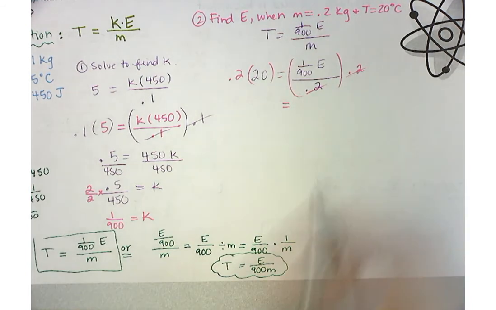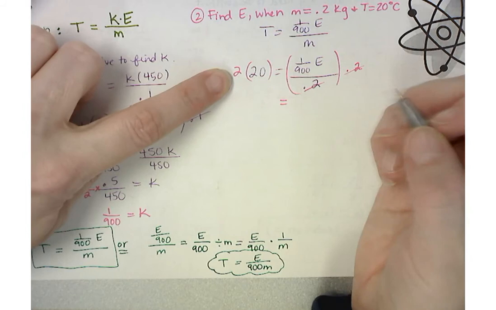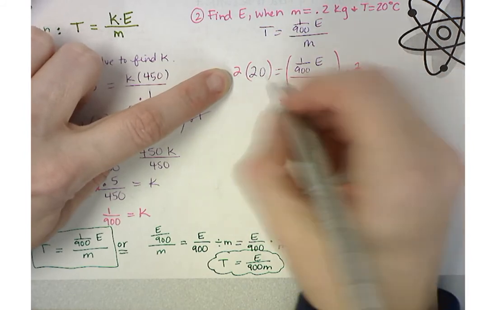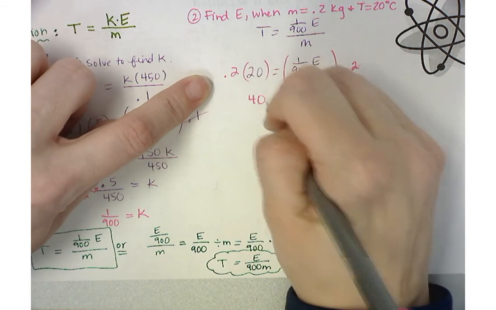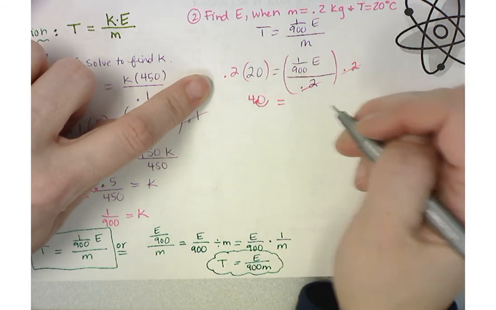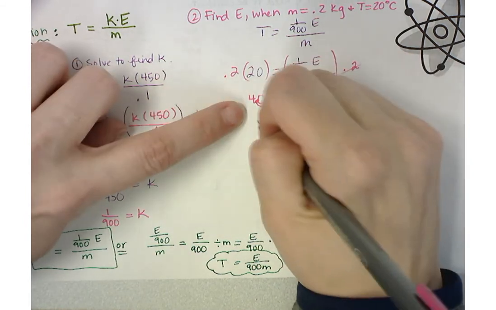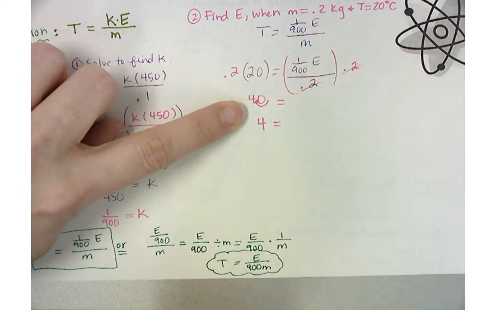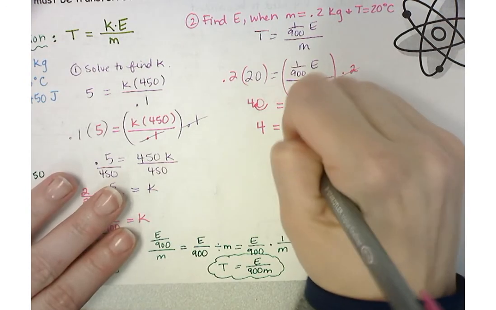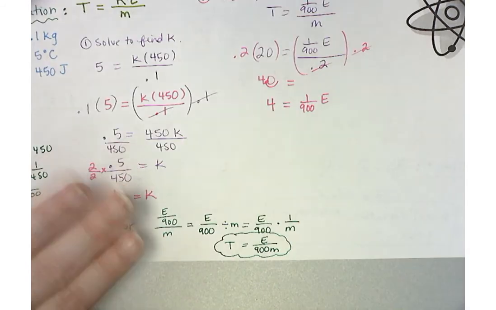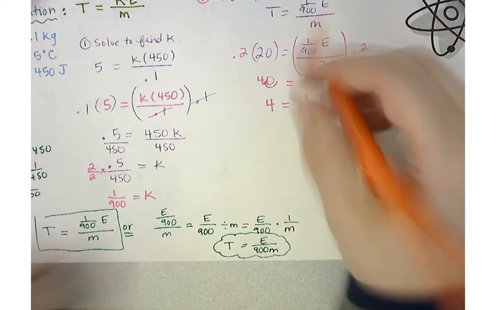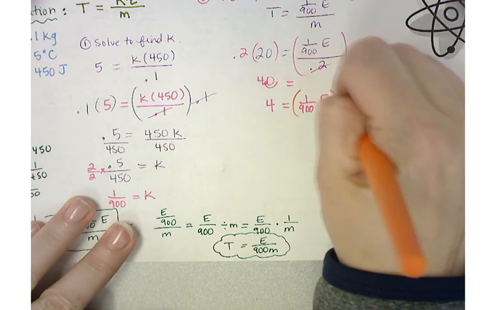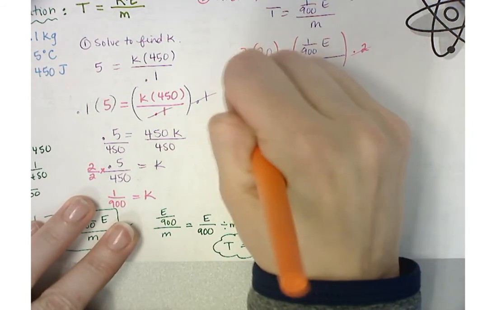Okay, now like I said, you could do the same thing with this equation. If you had 20 equals E over 900 times 0.2, you could multiply those two together first and simplify, or you could just multiply both sides by 900 times 0.2.